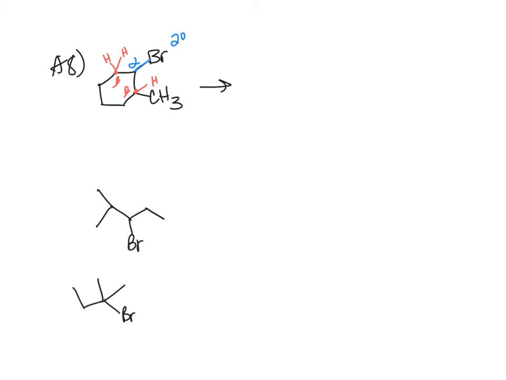And so when a base comes in, let's put base here, it's going to take which one? It's going to take the hydrogen from the carbon that has the least. And then you say, okay, that's tri-substituted. That's going to be your major product.